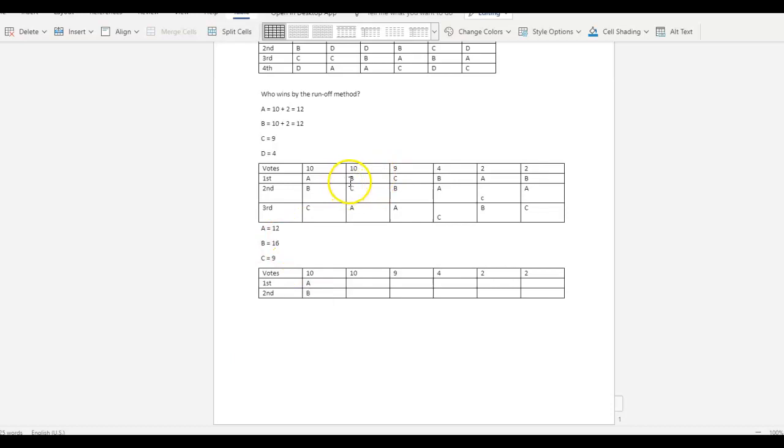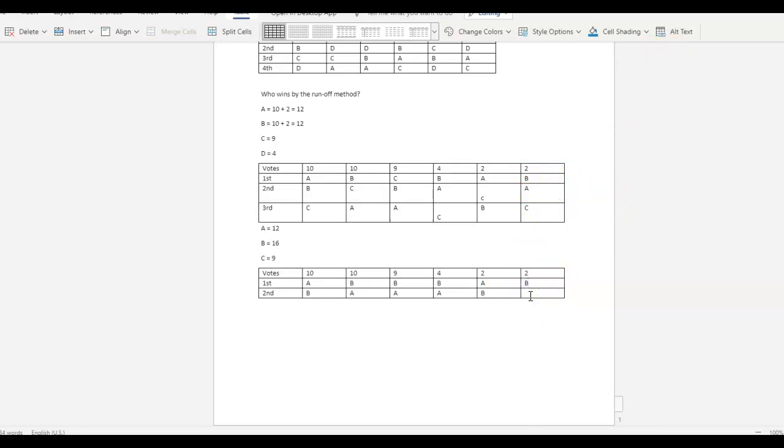I'll have BA right there. I'll have BA right there. I'll have BA right there. I'll have AB right there. And then finally, I'll have BA in that last column.